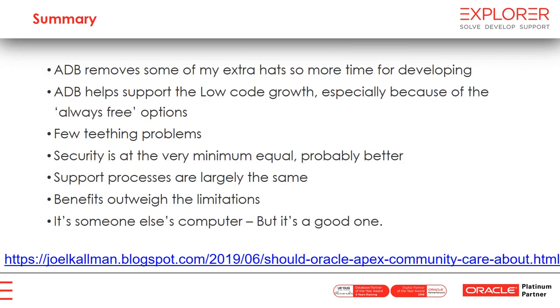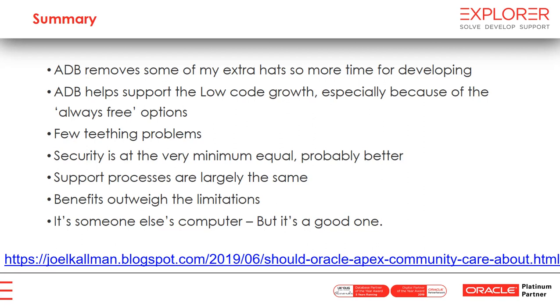So to summarise, ADB is going to remove some of my extra hats and give me a bit more time for developing as well. Because it's so easily accessible, I think ADB is going to help support low-code growth, especially in Apex. There are a few teething problems at the moment. The instance is shutting down recently, orders crashed for me on a couple of occasions, and I've also had the missing Apex files issue as well.